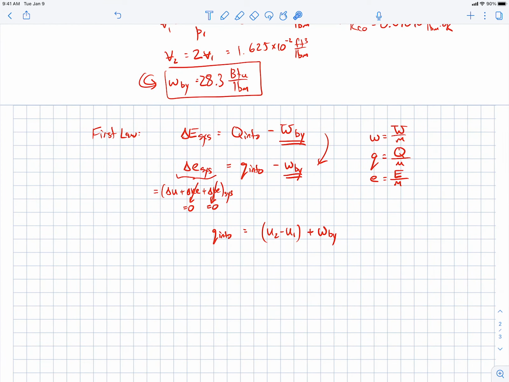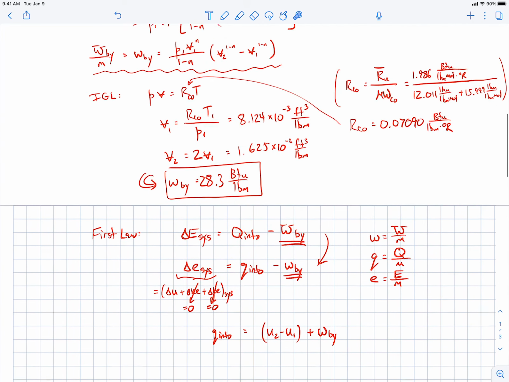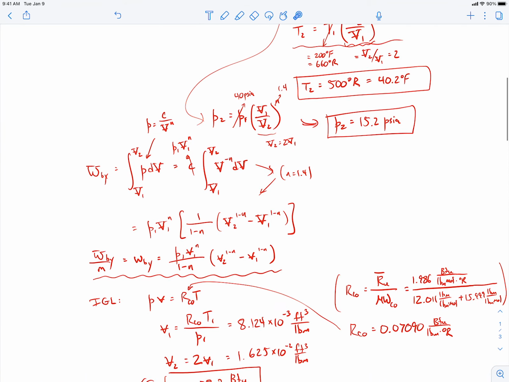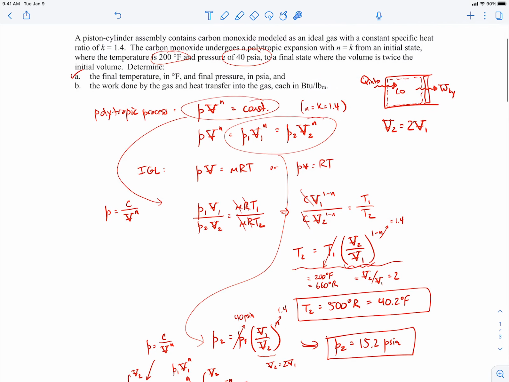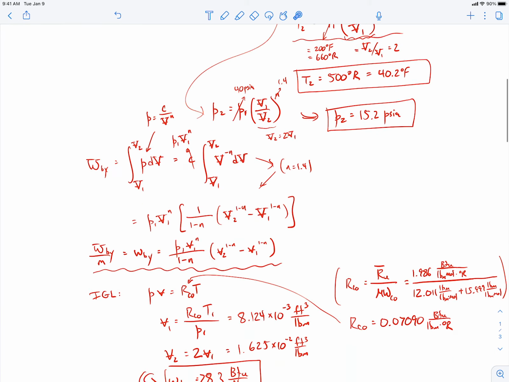Now, to find the U1 and the U2, what we can do is go ahead and look those up in a table. Since we know the temperatures at the initial and final state, remember we're given the initial temperature and we calculated the final temperature, I could use an ideal gas table for carbon monoxide to find those.